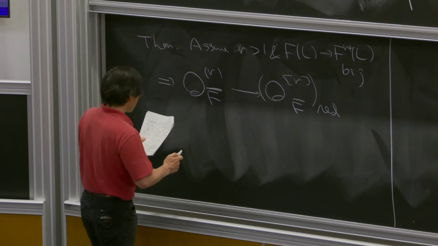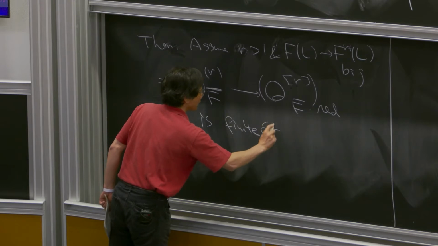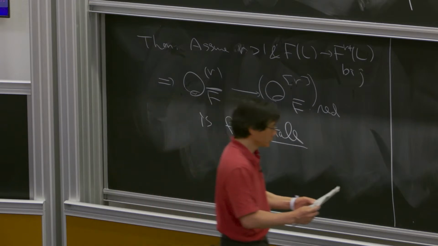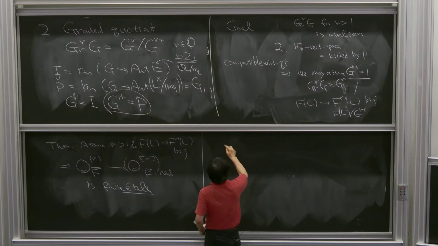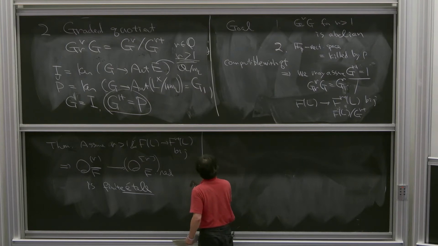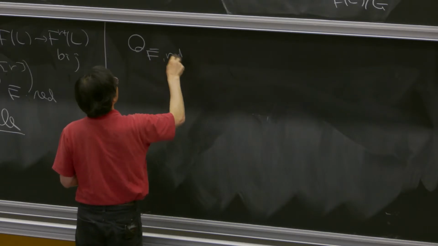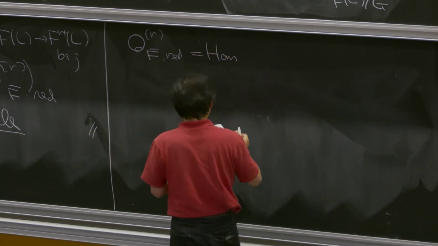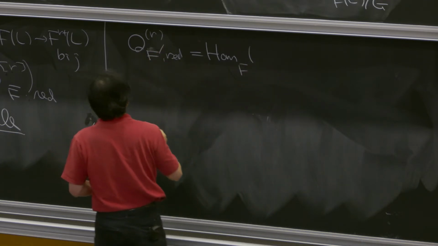And the claim is that this is in fact a finite étale covering. And this one has a simple description. This part is just a vector space over the residue field. Sorry, let me go back to F prime.